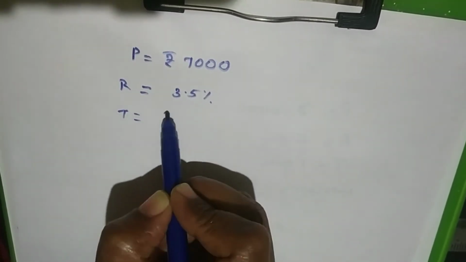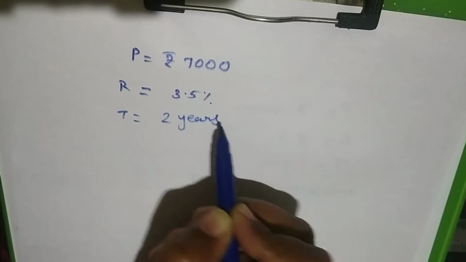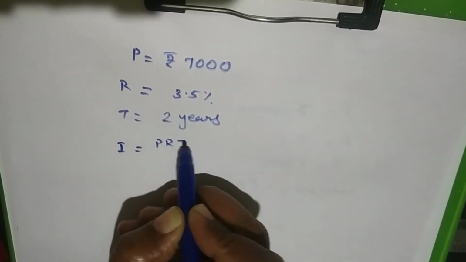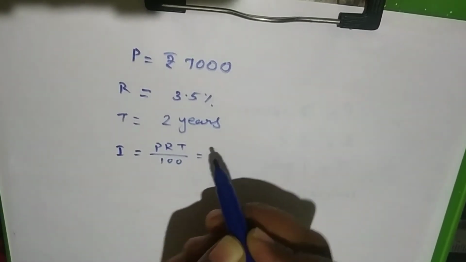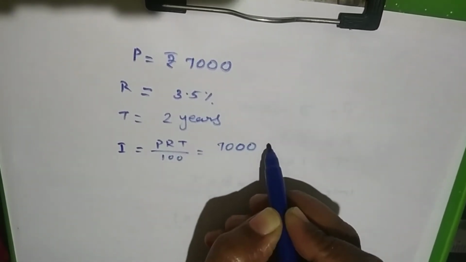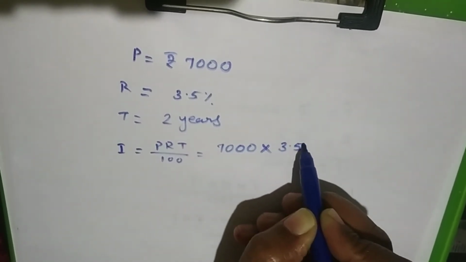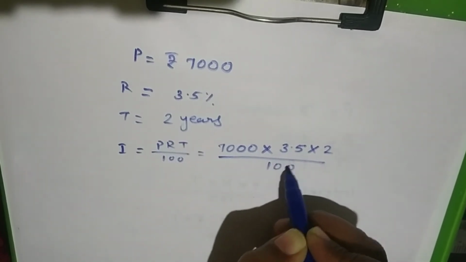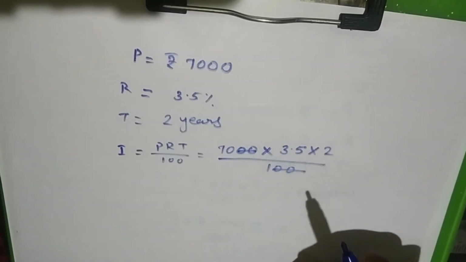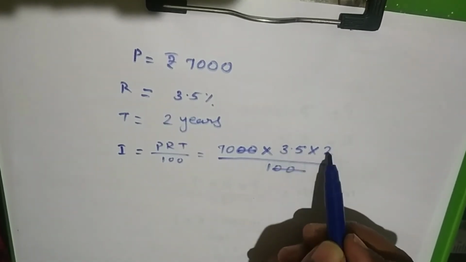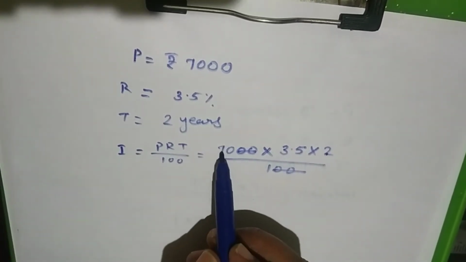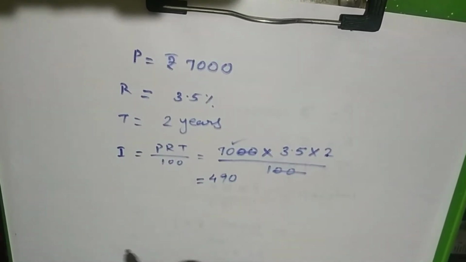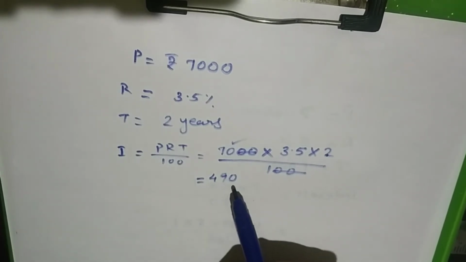Time is equal to 2 years. Then interest is equal to PRT on 100. Here P is equal to 7,000 times R 3.5, then time 2 on 100. We can cut these two zeros and these two zeros. Then 3.5 times 2, that will be 7. 7 times 7 is equal to 49. Then keep one more 0. 490. Rupees 490 is the interest.